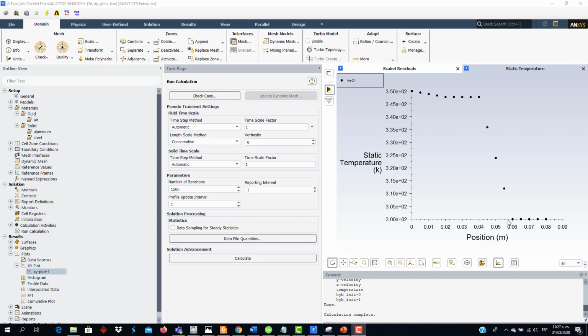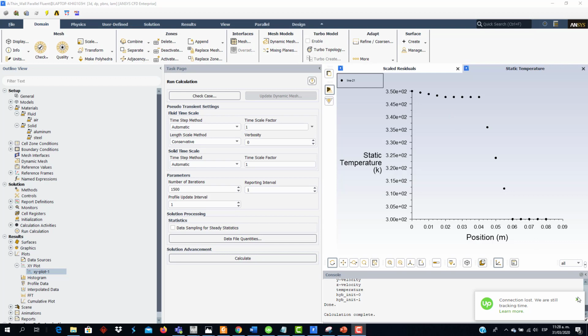Right now, let's see what happens when the thin wall option is enabled, or we use a thickness different from zero. This thin wall function can be used, for example, to emulate or to consider the contact thermal resistance among the solids, right?